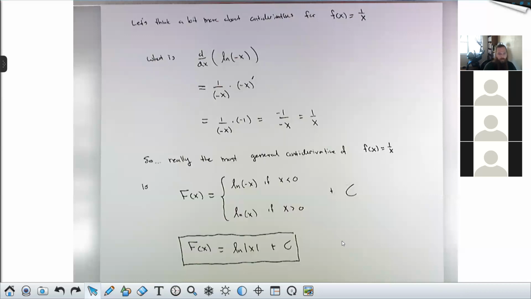It turns out that this works great whether x is positive or negative, right? If x is positive, then you're just looking at regular natural log of x, whose regular derivative is regular 1 over x. If x is negative, then the absolute value of x is negative x. And as we just discovered, the derivative of the natural log of negative x is also 1 over x. So this captures both of those.